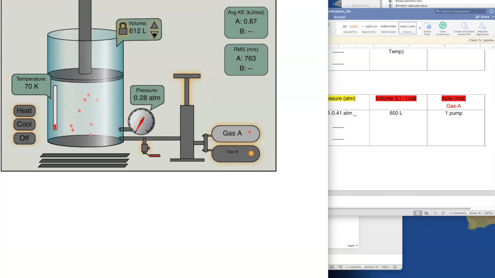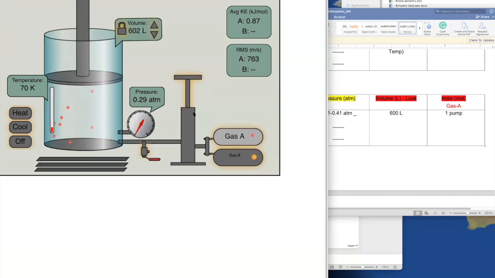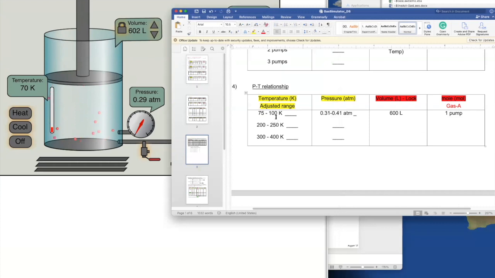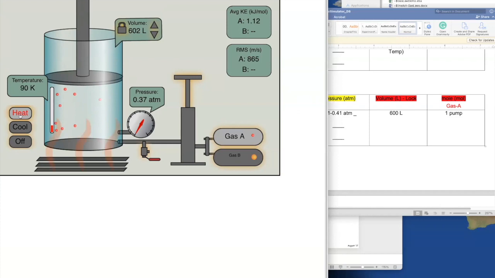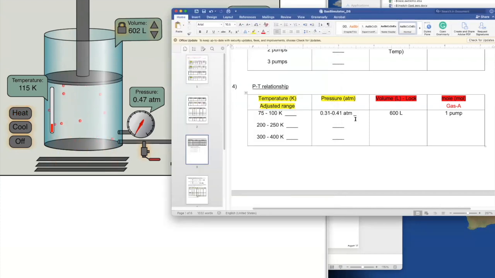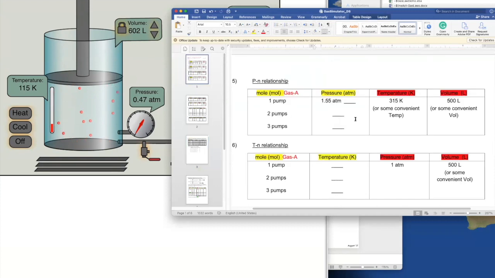And sometimes, okay, 602 is good enough. Okay, and then we're going to lock it right there. Okay, so here we're varying the temperature, heat it up, cool it down, and then figure out what the pressure will be based on that. That's number 4.